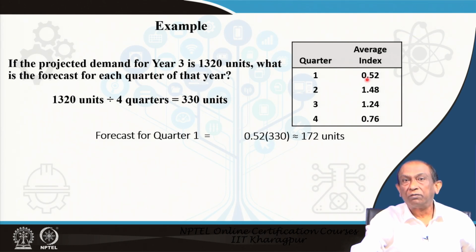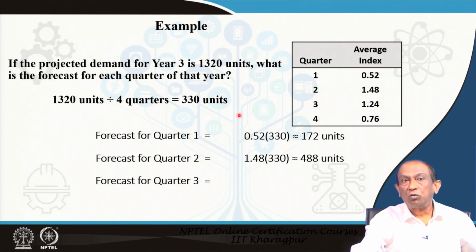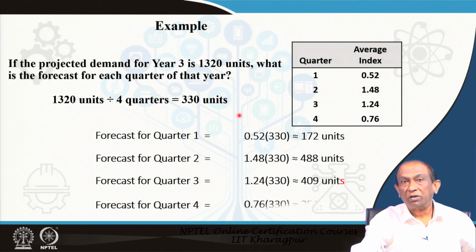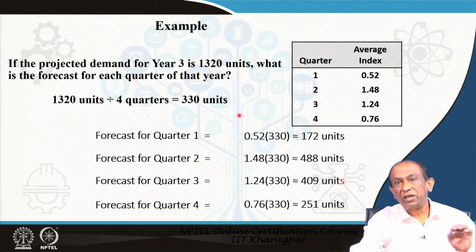So, we have found out this average index for each quarter, then multiply it by this 330 units to get the forecast for quarter 1, quarter 3 and then quarter 4. Absolutely, this is the easiest method, most simple way in handling seasonality.